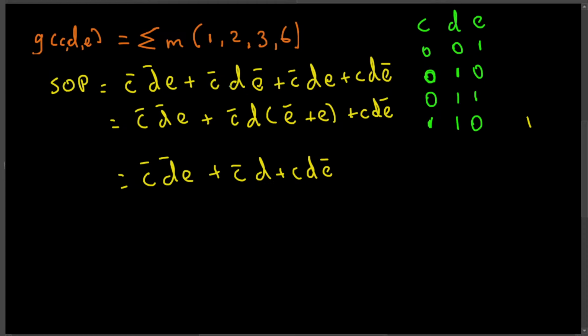And then the second one, we had C complement D E complement. That's also right. And then we had C complement D E. That's also right. C D E complement.